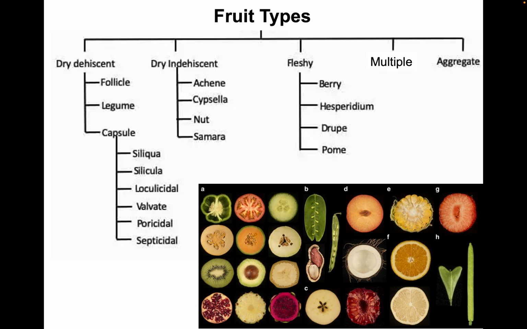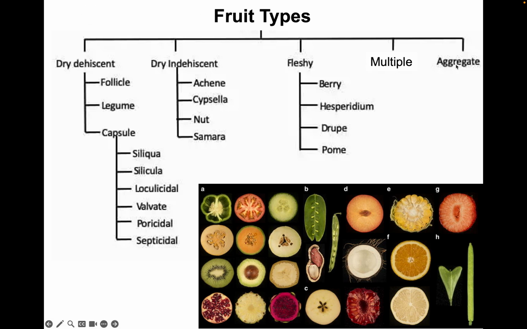Hesperidiums, those are the segmented fleshy fruits like your oranges and grapefruits. Your drupes, which will have a large hard seed on the inside, so think cherry and peach. And pomes, think pears and apples that have hard seeds in little pockets on the inside of the fruit.